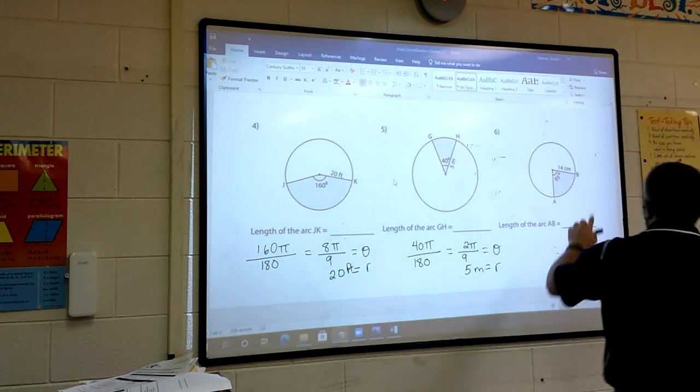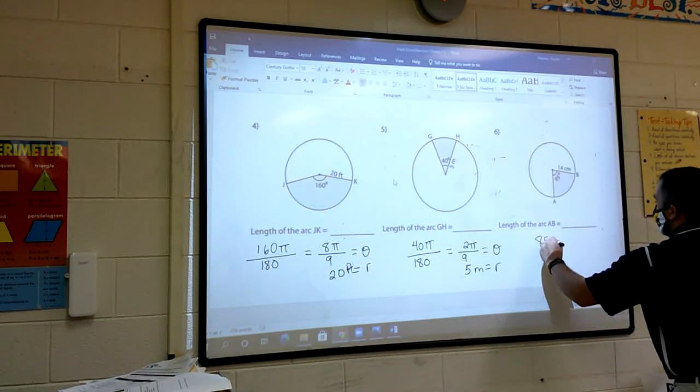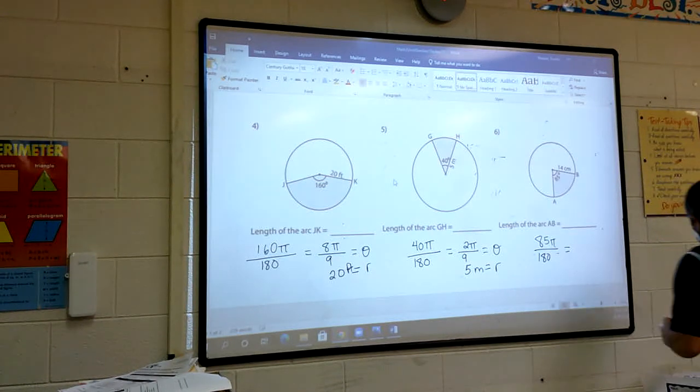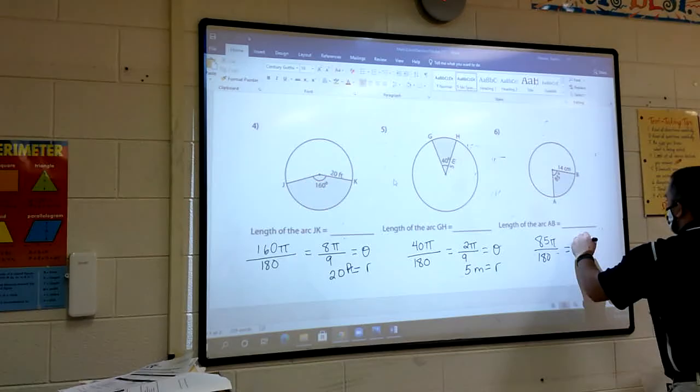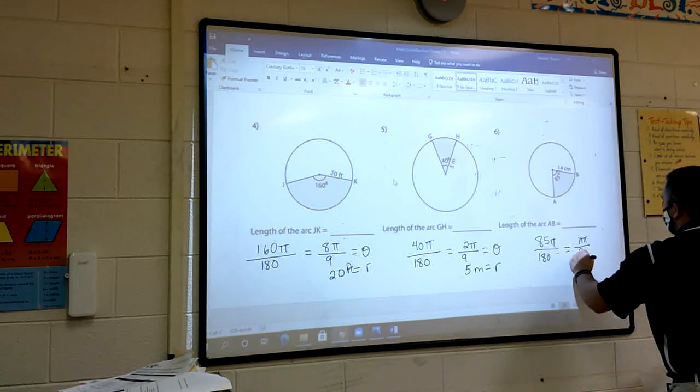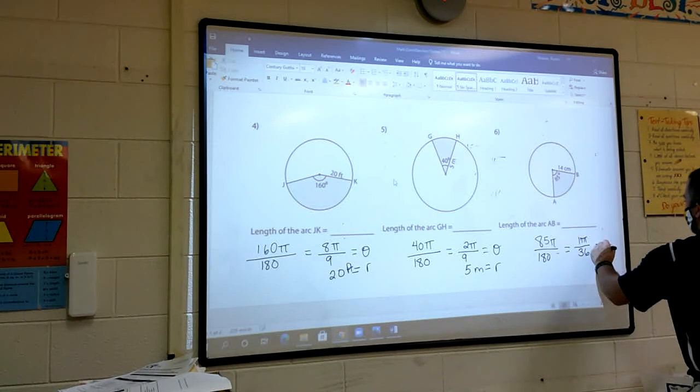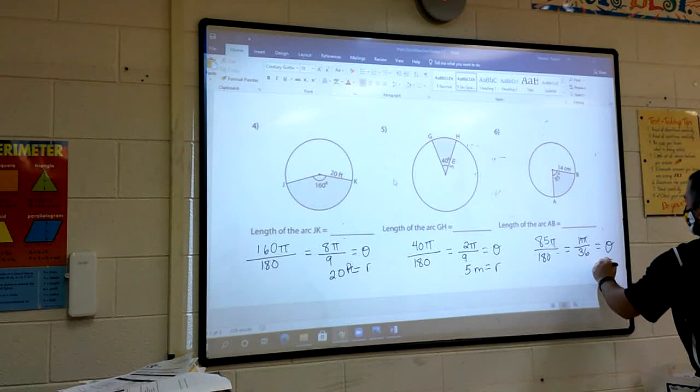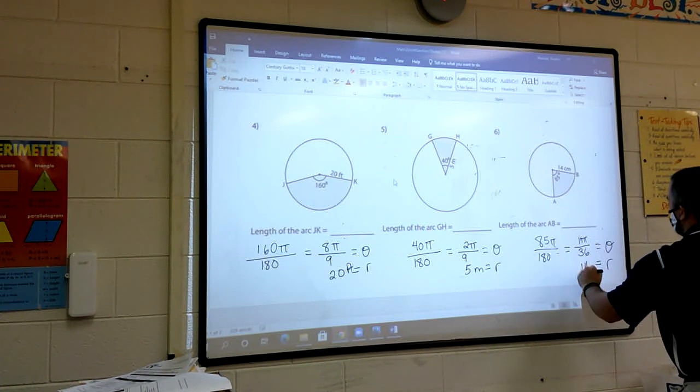And then over here, 85 over 180 gives you 17 over 36. So 17 pi over 36. That's going to be your angle. And you have your radius is 14.